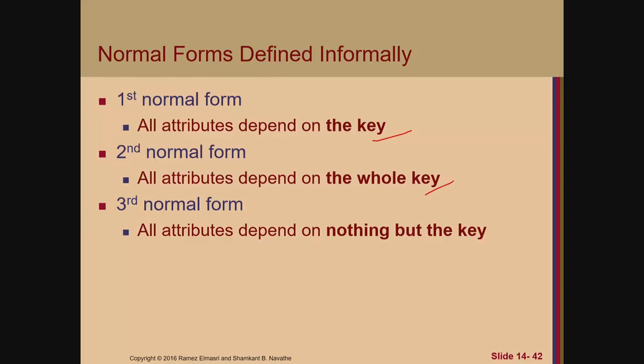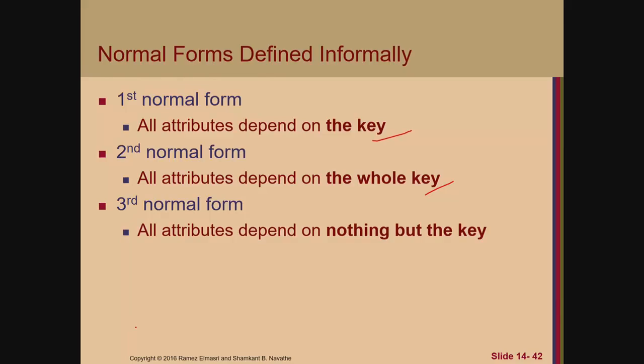If some prime attribute depends on the other prime attribute, it becomes transitive, not the key. So we have to separate them into the other relations. Now, we're already talking about the first normal form, second normal form, and third normal form.